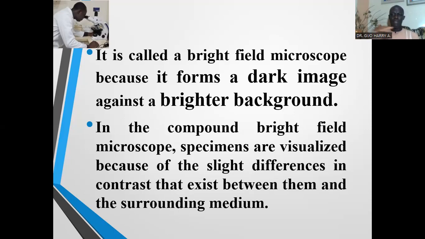The image is usually dark, while the background is brighter because of the illumination of light from the bottom that passes through the condenser to the stage. And the compound bright field microscope specimens are visualized because of the slight differences in contrast that exist between them and the surrounding medium.